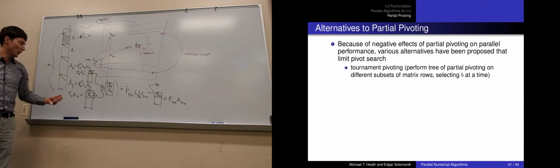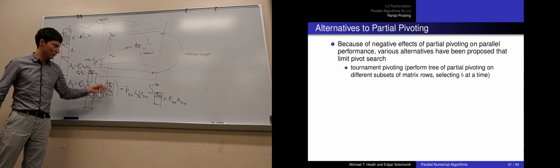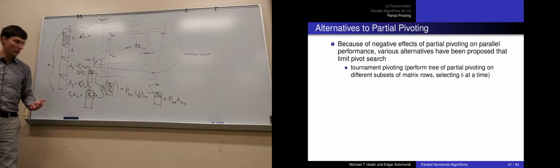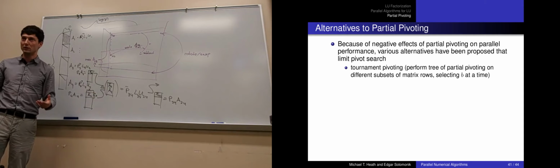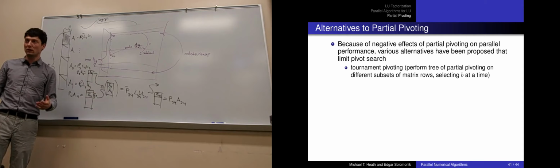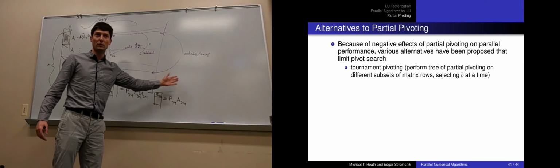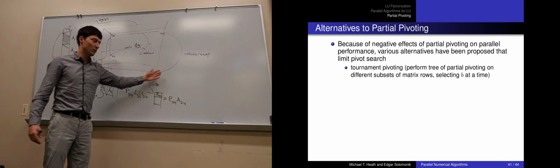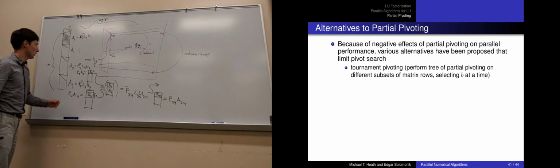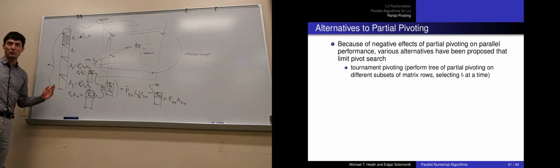So at every kind of step, at every node in the tournament, we've had two sets of rows compete against each other, and out of them we selected a set of winners. And so the final set of winners at the end of the tournament tree will be the final pivot rows that we'll actually use on the original matrix.